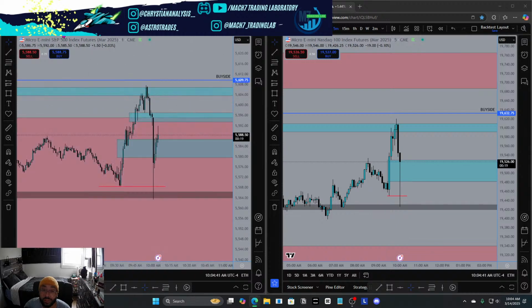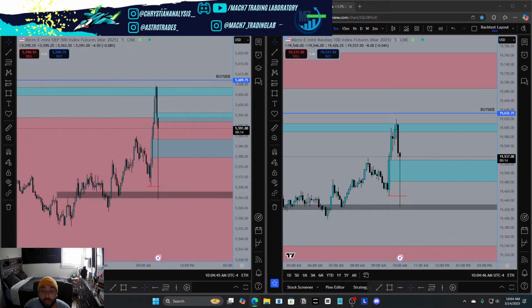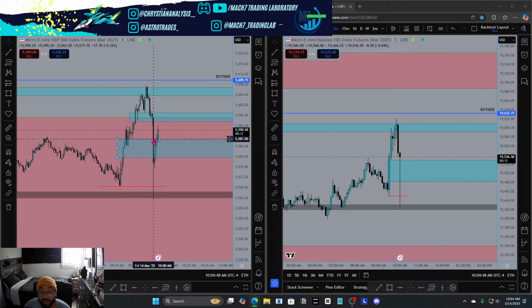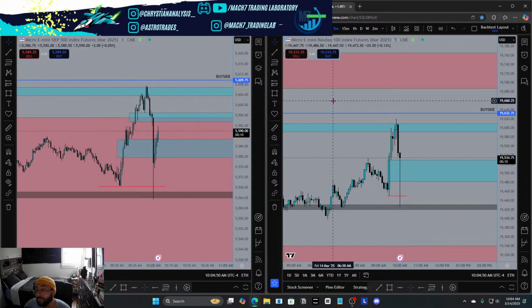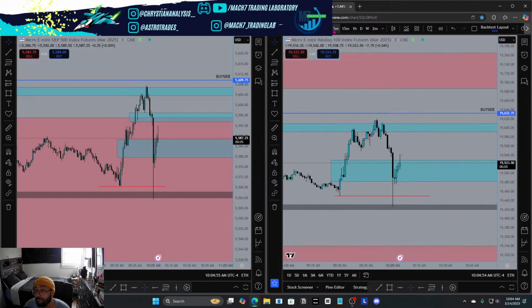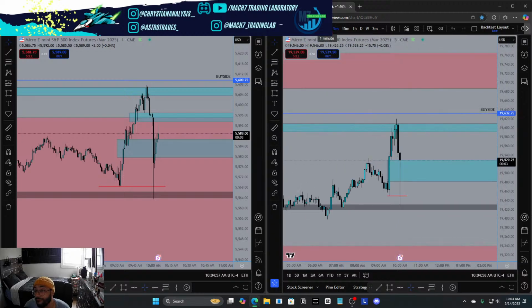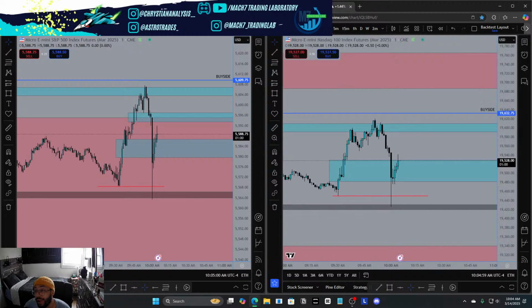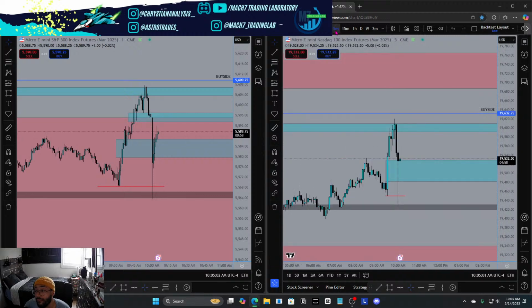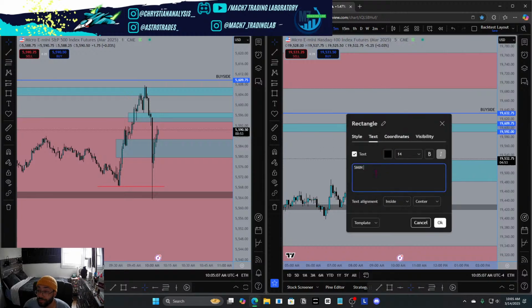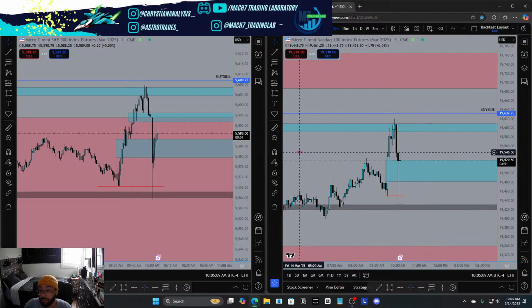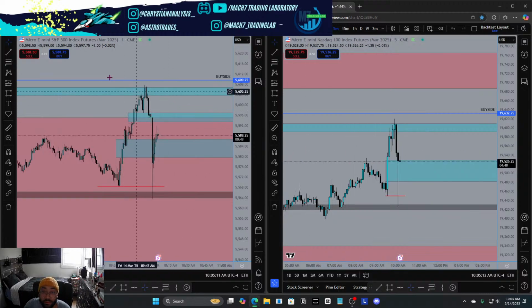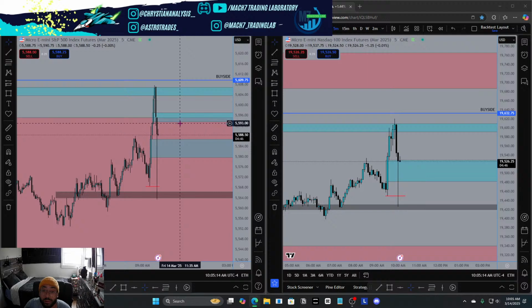Pay attention to that. This candle. This time, yep. 4 seconds. Still being respected, but this turned inverted. I believe this did as well.